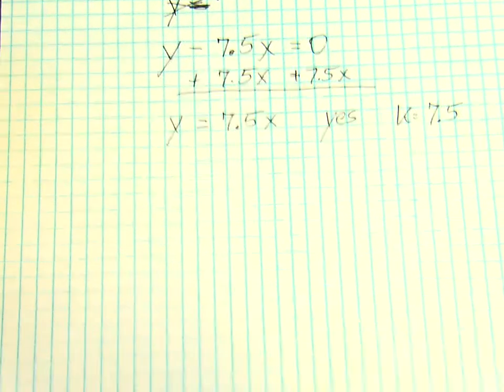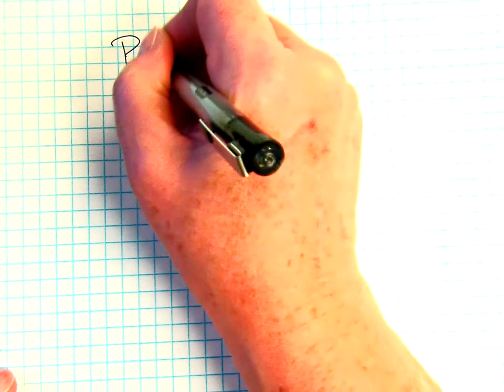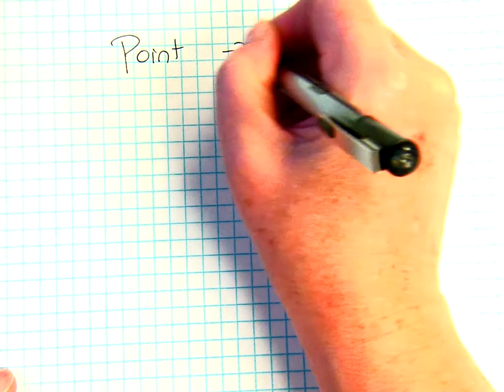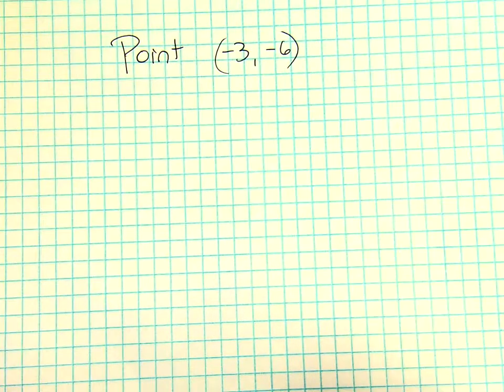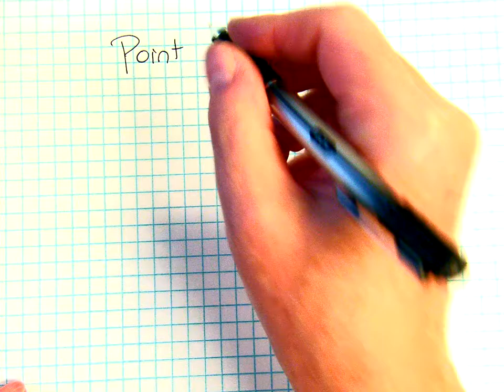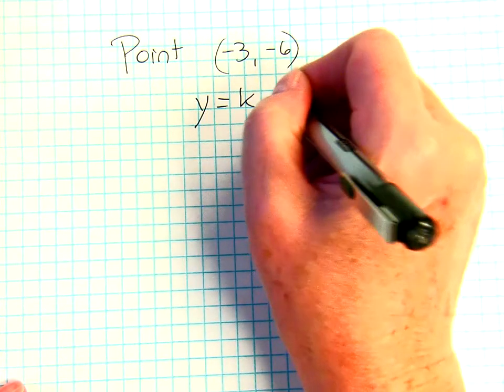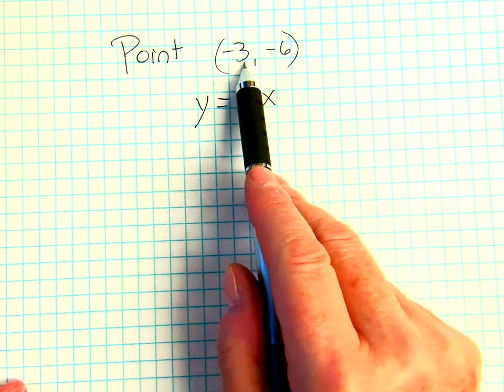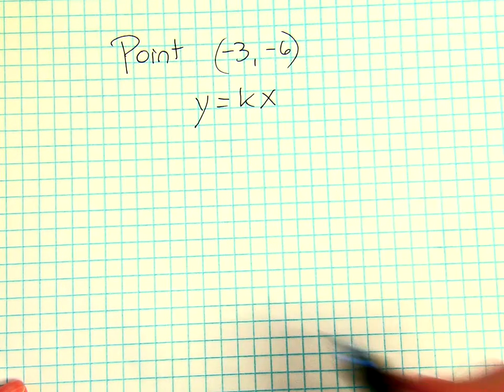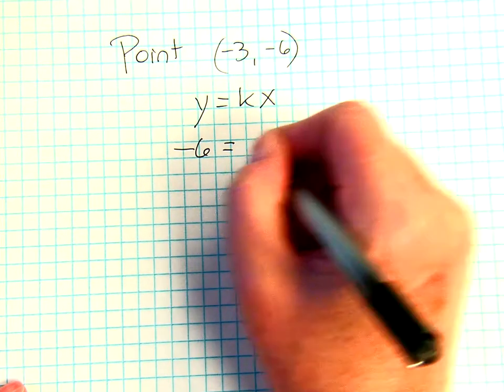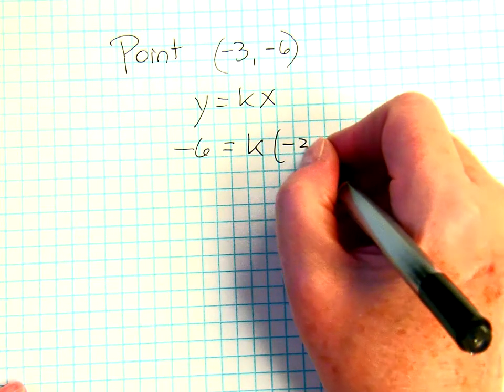Now let's look at writing a direct variation if you are given a specific point. Let's say I am given the point -3, -6. I'm going to take my y equals kx. My x is -3, my y is -6, that's a given. So I've got -6 equals k times -3.